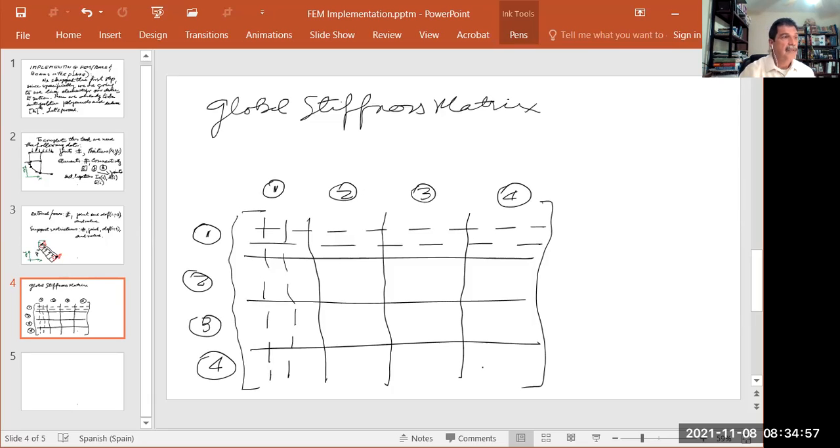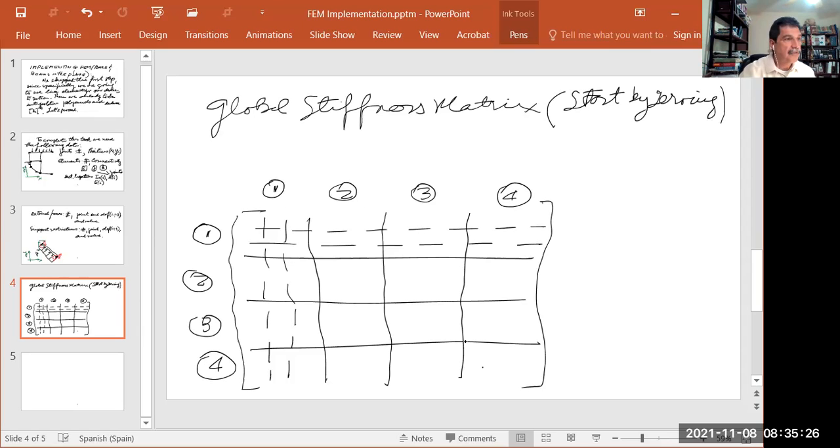What I do is start by zeroing. I take all of this matrix and make it equal to 0. Then I take one element at a time, calculate its stiffness matrix, and then take these values and add them to the global.